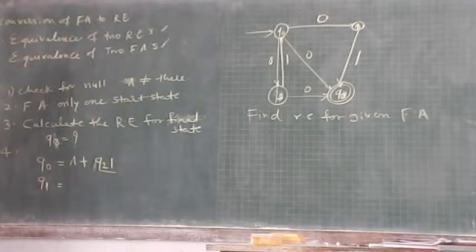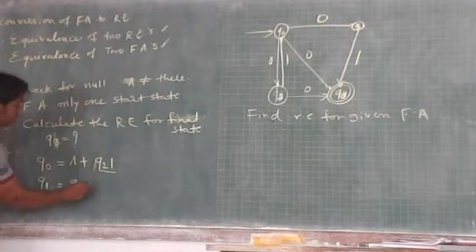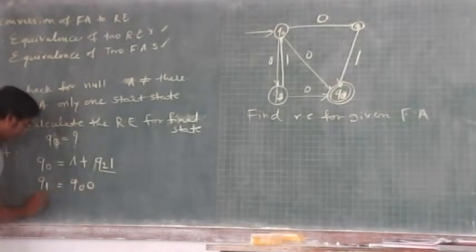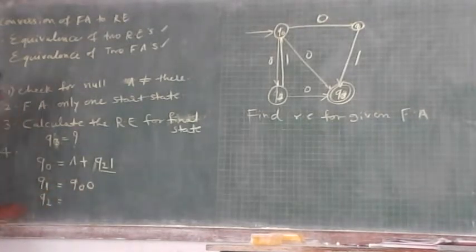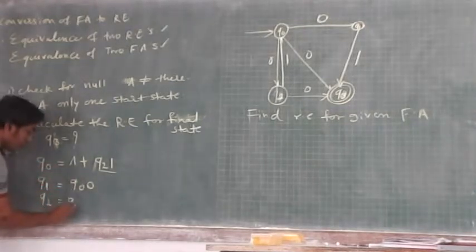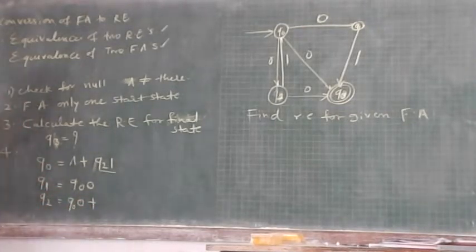Find the incoming transition to the state Q1. That is Q0, 0. Next, the expression for Q2. Incoming transition to Q2 is Q0, 0, plus nobody else.